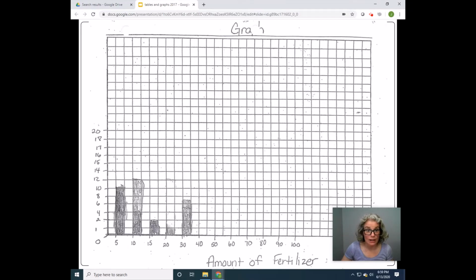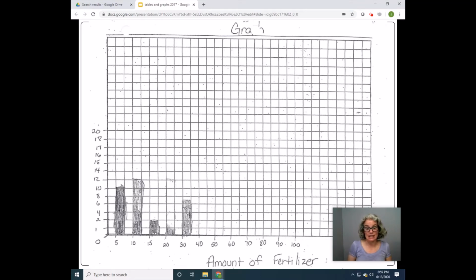Welcome back. So some things that you should have noticed. First of all, we never leave a graph untitled. The title in a science class is always going to be very long for a data table or a graph, and it should describe what the graph is about. A formula that you could use for writing titles is the effect of blank on blank.